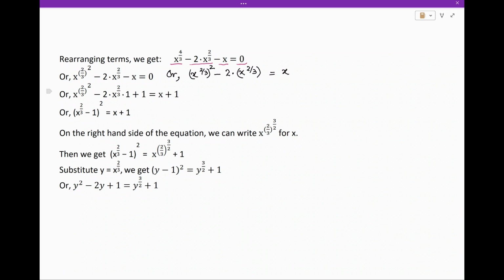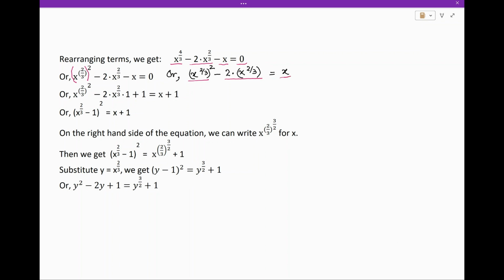Or x to the power of 2 by 3 whole squared minus 2 multiplied by x to the power of 2 by 3 is equal to x.